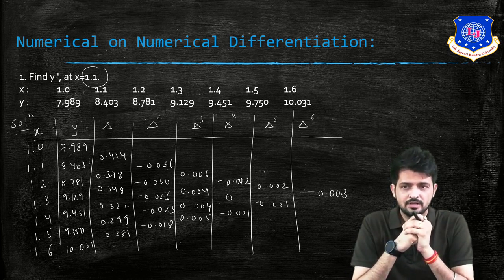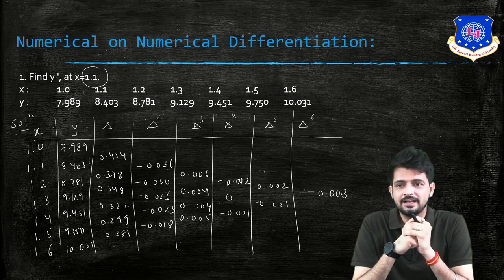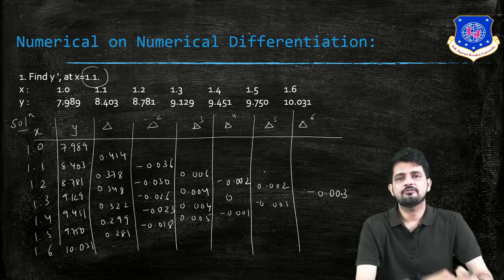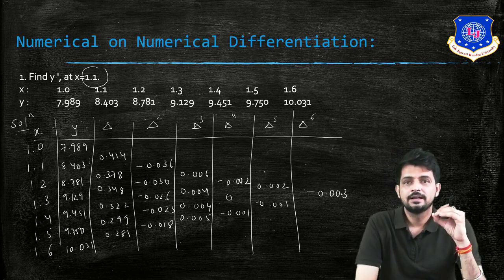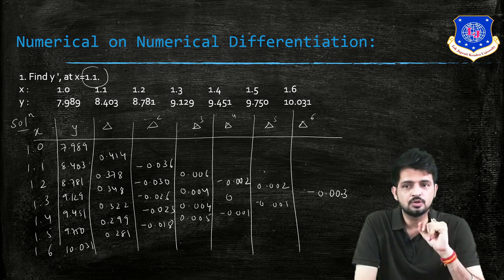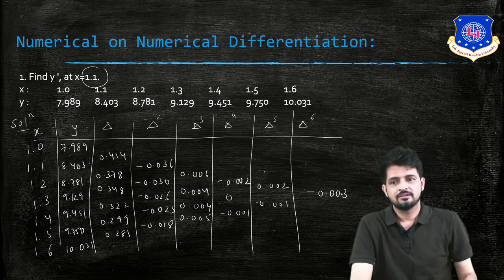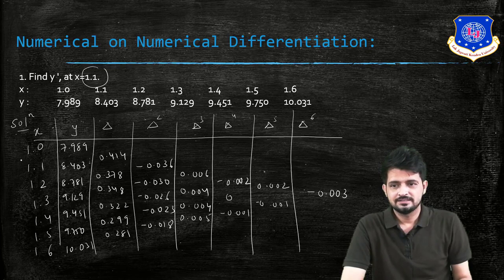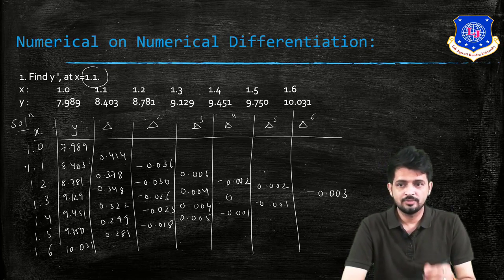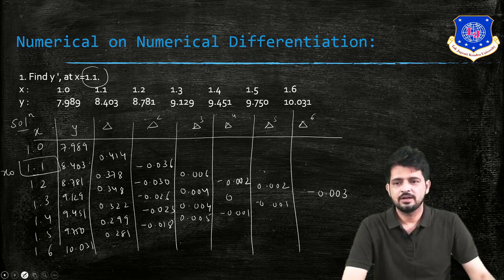Now we remember the formula to find y dash at x is equal to 1.1. We have the formula to find the value of dy by dx at x is equal to x0. But remember, most of the students make a mistake here. We have to consider this value as x0.